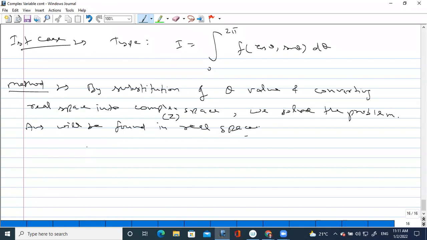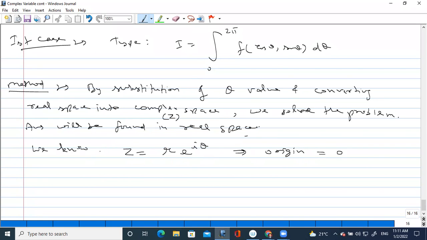So what we have to do, we know that z is equal to r e to the power i theta. You know it. Okay, z equal to r e to the power i theta. This implies that origin is 0.